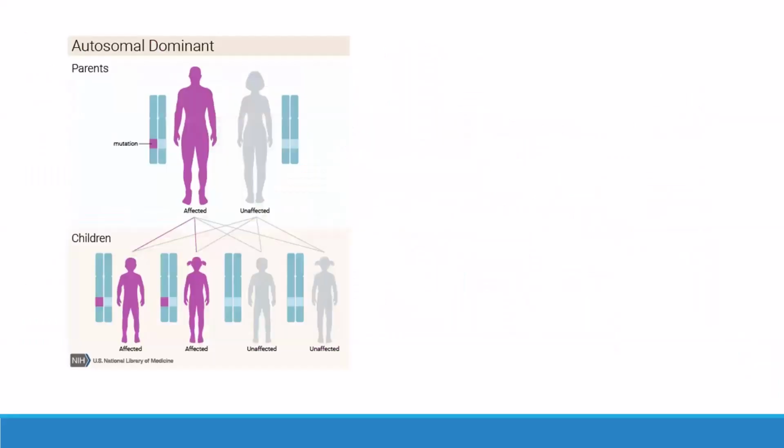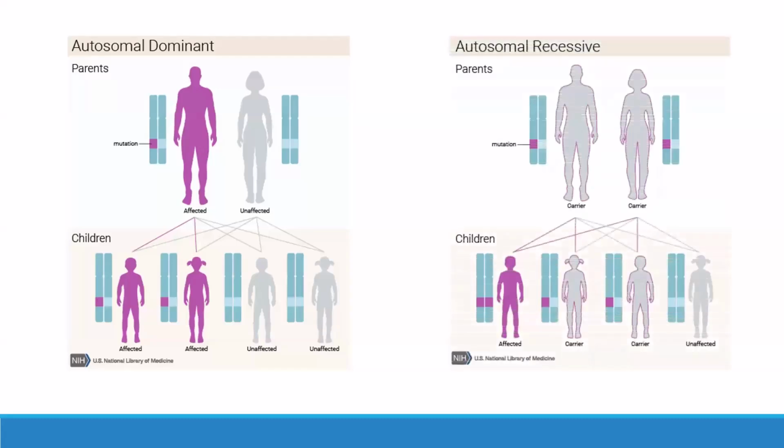Autosomal dominant means what? 50% of the children will be affected if one parent is affected. Autosomal recessive means if both parents are carriers, only 25% of the children will be affected.